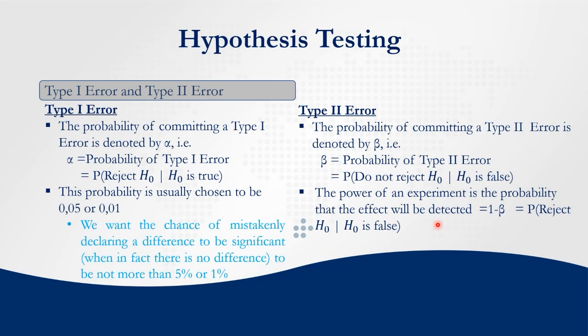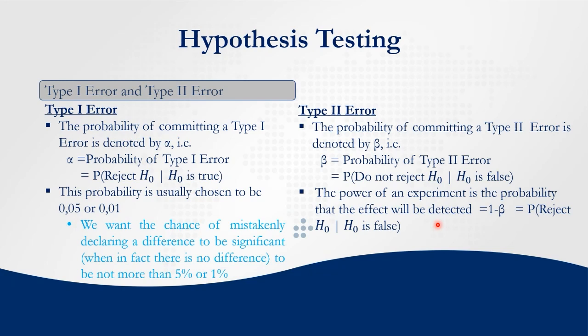On the other hand is when we don't reject the null hypothesis when it is false. And the type 1 error is usually set to be 0.05. Because it talks about the amount of error that we are willing to accept, we can set it, and it's usually set at 5%.